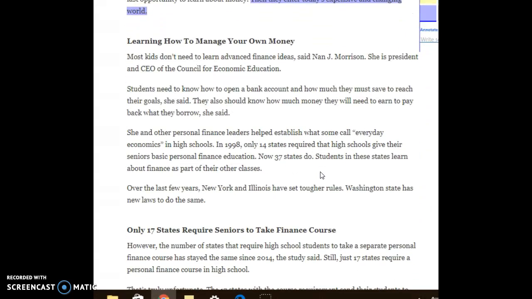The first section she goes into is learning how to manage your own money. Most kids don't need to learn advanced finance ideas, says Nan J. Morrison. She is the president and CEO of the Council for Economic Education. Students need to know how to open a bank account and how much they must save to reach their goals, she said. They should also know how much money they will need to earn to pay back what they borrow, she said.